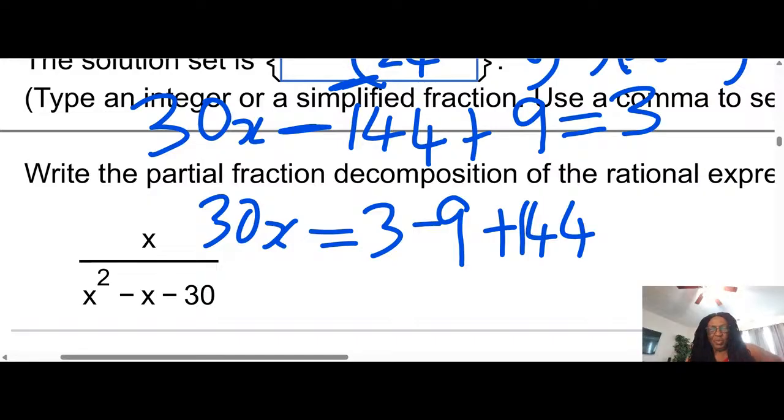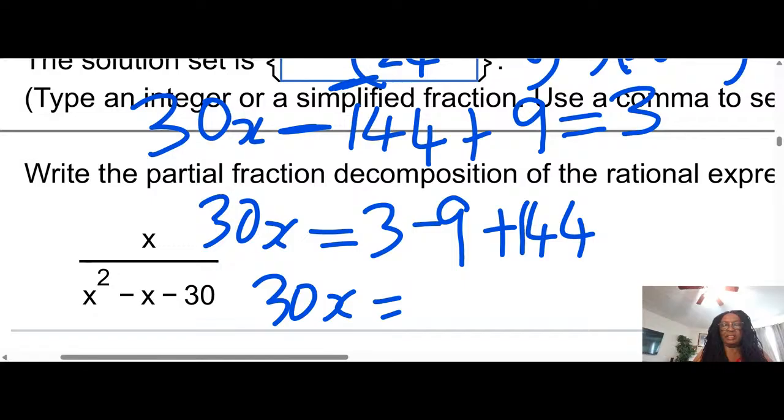144, actually 3 plus, let's make sure we do that again. Okay, 144 minus 9, then plus 3. Okay, so we have 30x is equal to 138.